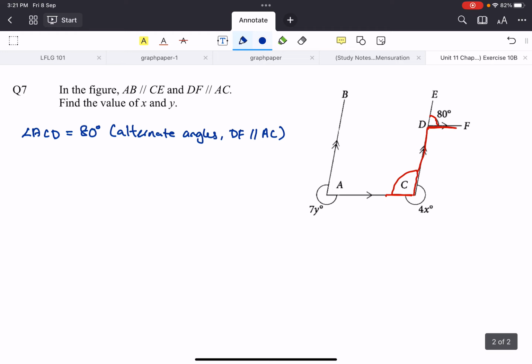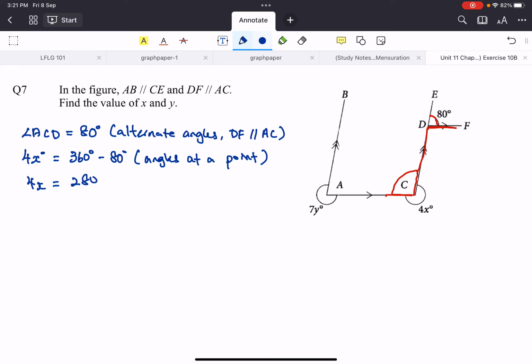What happened is 4x degrees is equals to 360 degrees minus 80 degrees, and the reason, angles at a point, right? So from here, 4x is equals to 280. So x is equals to 70. So we found the value of x, right?